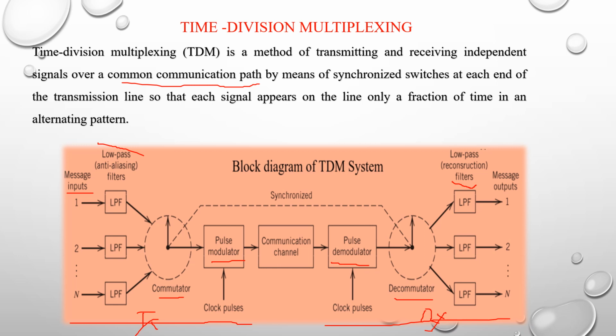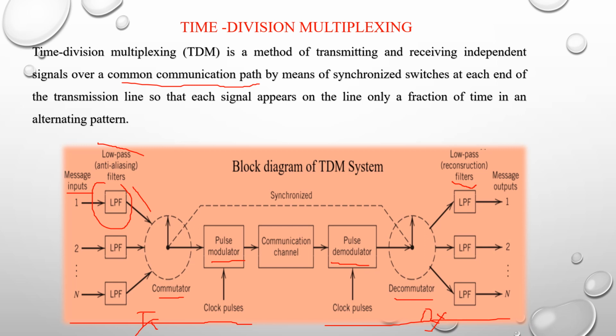Each input message signal is first restricted in bandwidth by a low-pass pre-alias filter to remove the frequencies that are non-essential to an adequate signal representation. The low-pass filter outputs are then applied to the commutator, which is usually implemented using electronic switching circuitry.